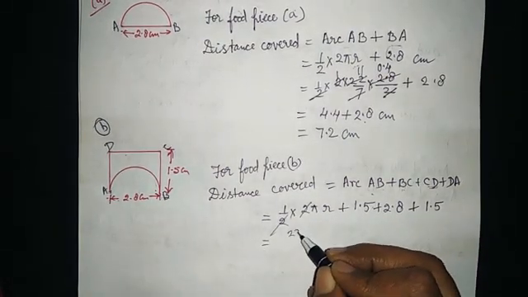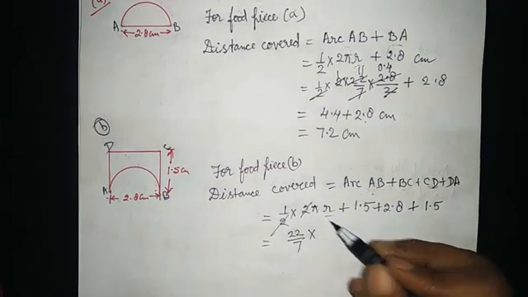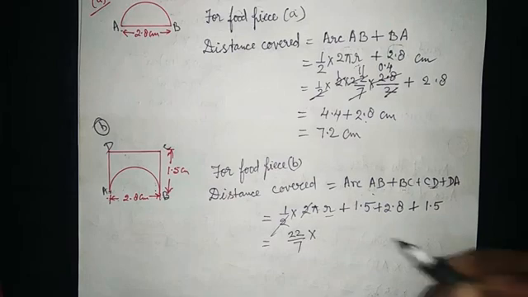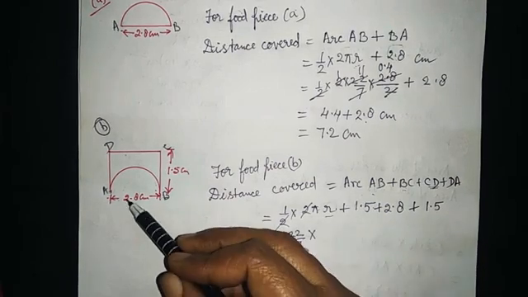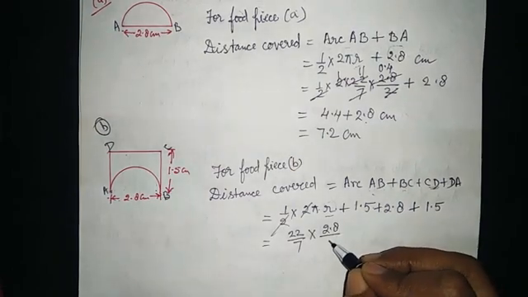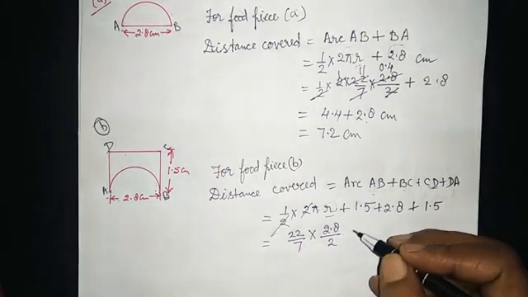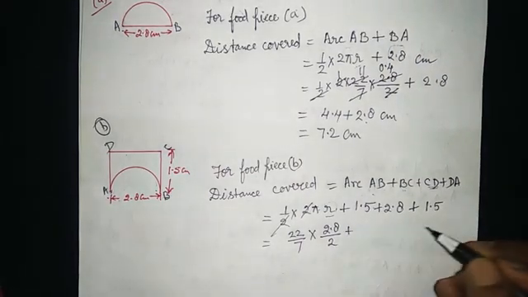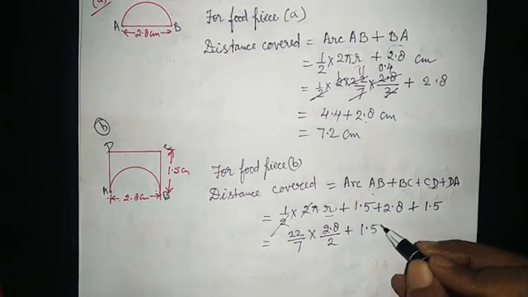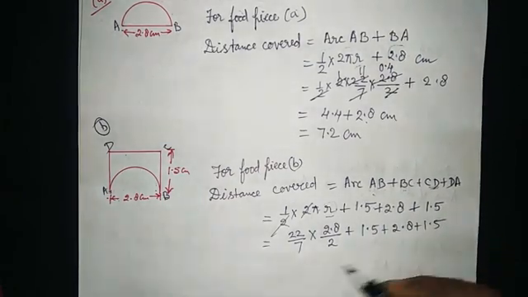Here 22 upon 7 we will write for this pi, and r. Here for r we will write half of 2.8. We will do 2.8 by 2. Okay. Now plus 1.5 plus 2.8 plus 1.5.